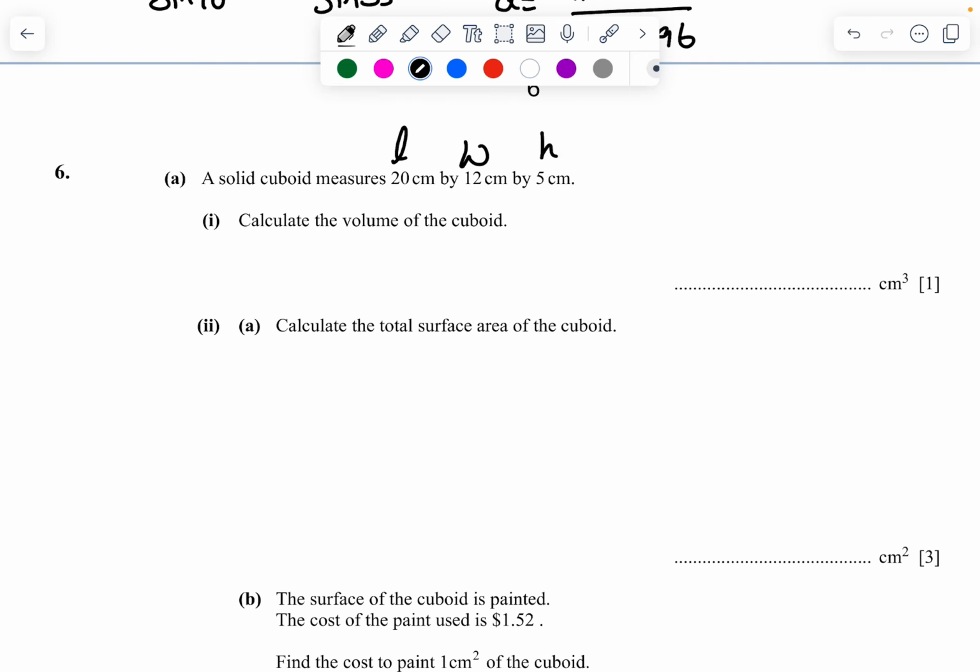So we got three values. What is he asking us to find out? In question number 6, it is being told to find the volume of the cuboid. The volume of a cuboid formula is length times width times height. Because it is a cuboid, we are going to use the formula length times width times height.